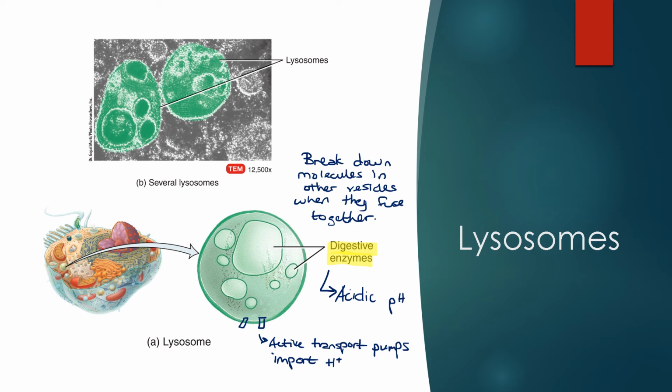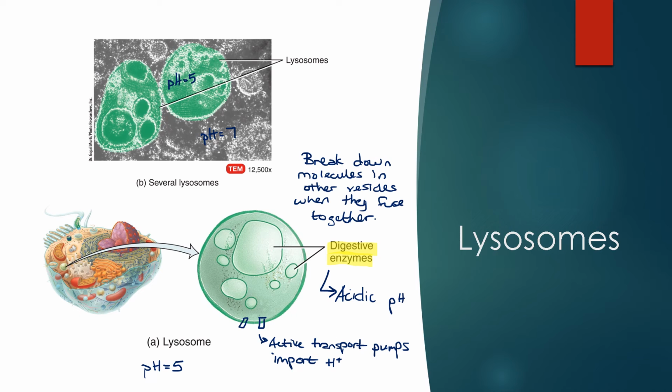And this allows the interior of lysosomes to have a pH of approximately 5. So this is going to be very, very acidic. It's about 100 times more acidic than the pH of the cytosol, which is 7. So kind of like in this picture up here, we have a pH of 7, and within the lysosomes, we have a pH of 5.